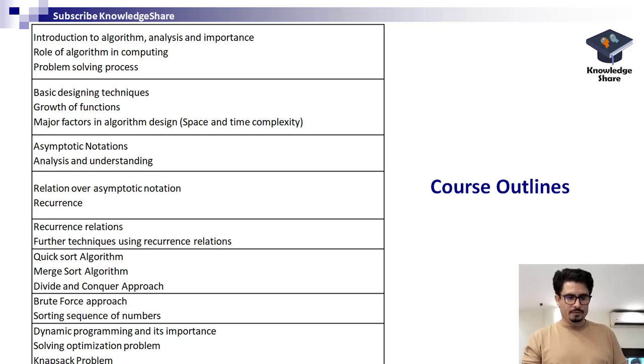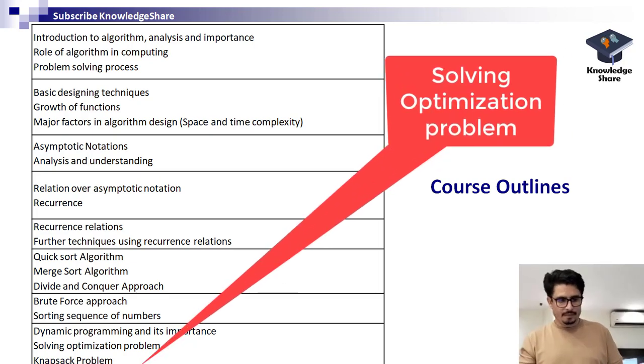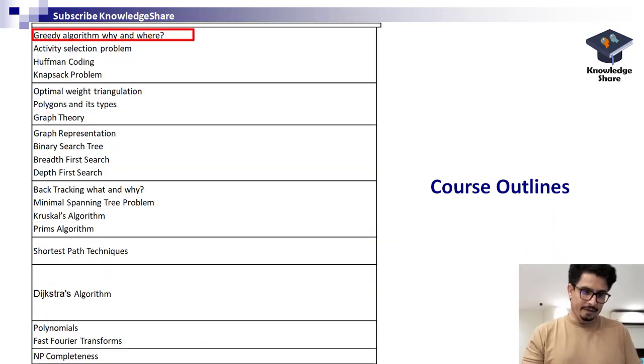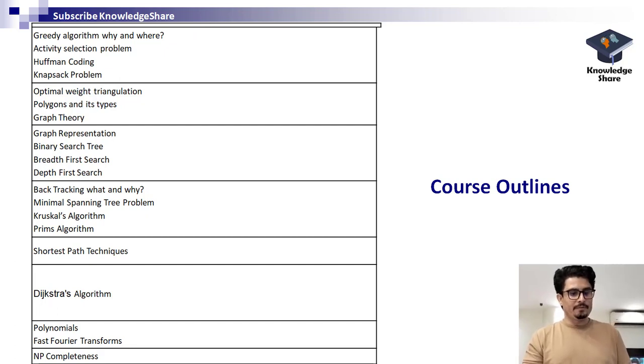Then we will have to discuss solving optimization problems, knapsack problem, greedy algorithm, why and where, activity selection problem, Huffman coding, knapsack problem, optimal weight triangulation, polygon and its type, graph theory, graph representation.